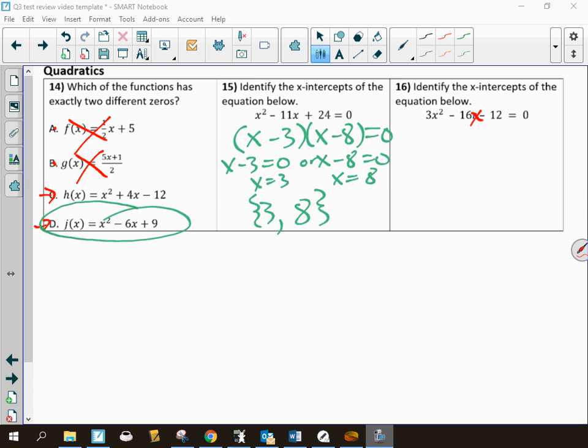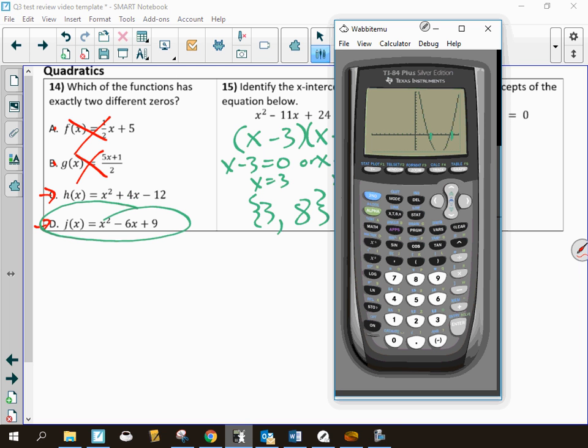Once again, the easiest way, I'm going to show you one more way. Ooh, I can't do that on this calculator. Another way to do this, and unfortunately, my onboard emulator doesn't have the app installed.